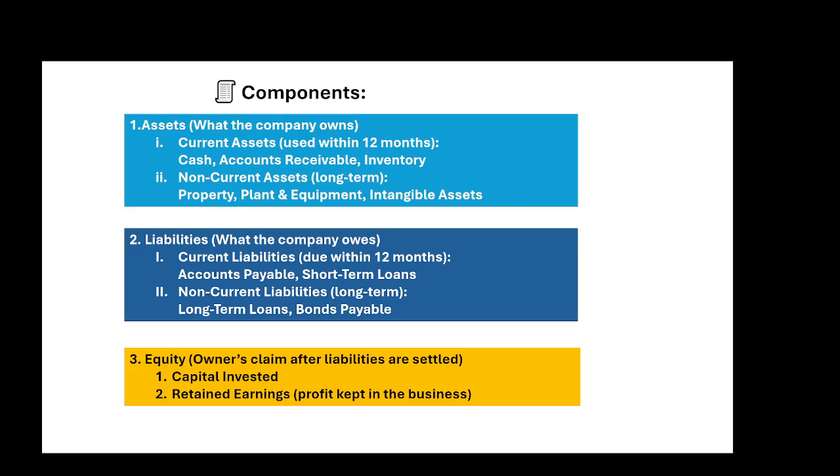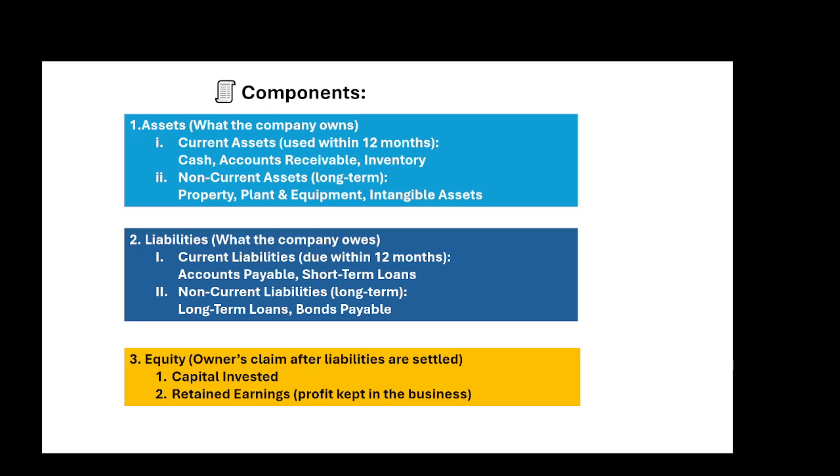Your assets, as we said, are what your company owns. Your current assets are what you own within 12 months. That is your cash, your accounts receivable, and your inventory, which is your products or goods in the store.